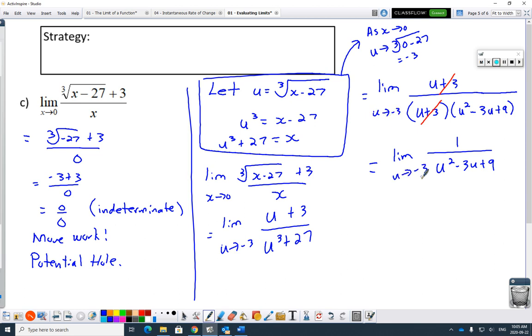That's just a straight sub to find out what u value matches up with an x value of 0. Then I can sub this in, and I get 1 over 9 plus 9 plus 9, 1 over 27. That takes some practice. You're going to want that written down, ready to go, for cube root type things. This is called u substitution.